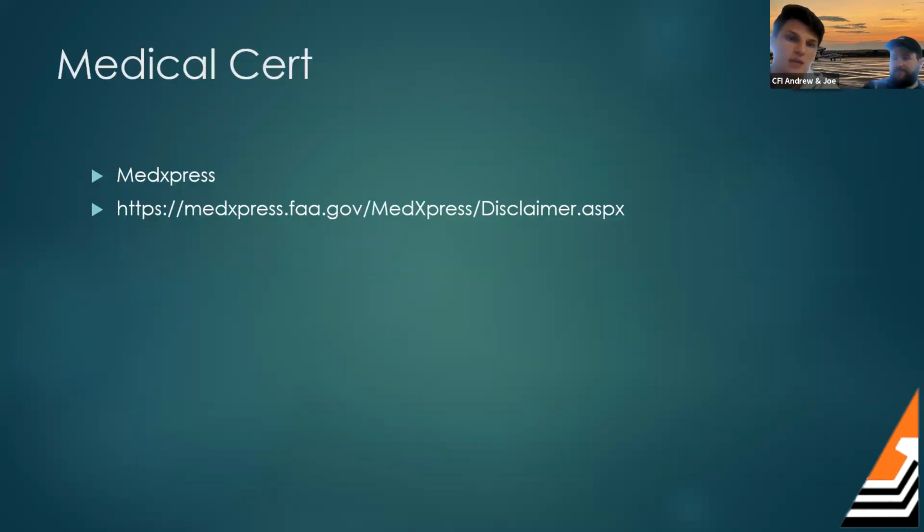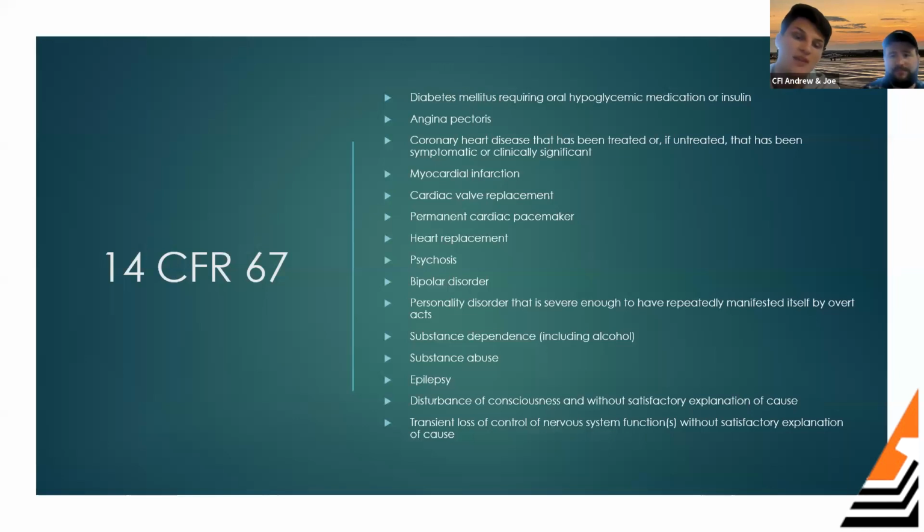Right. Then with those medical certificates, you can obtain it on the site MedXPress. There's a link down below. You just have to sign up, make a username, enter some information, and then set up an appointment with an aviation medical examiner. And when you go through those lists, they'll ask you if you have any medical needs for any of these.